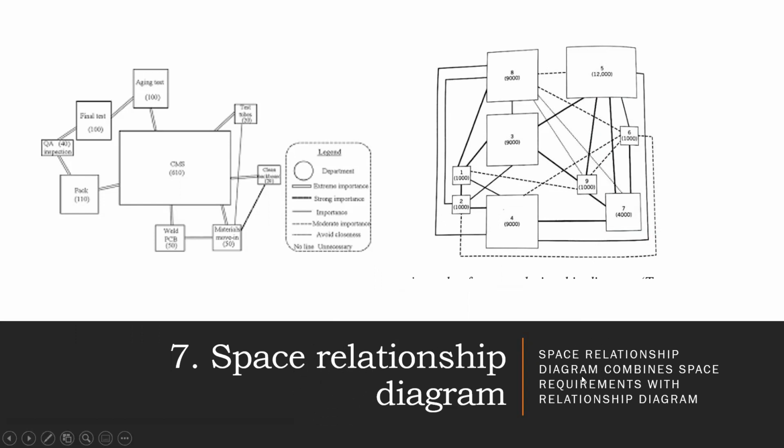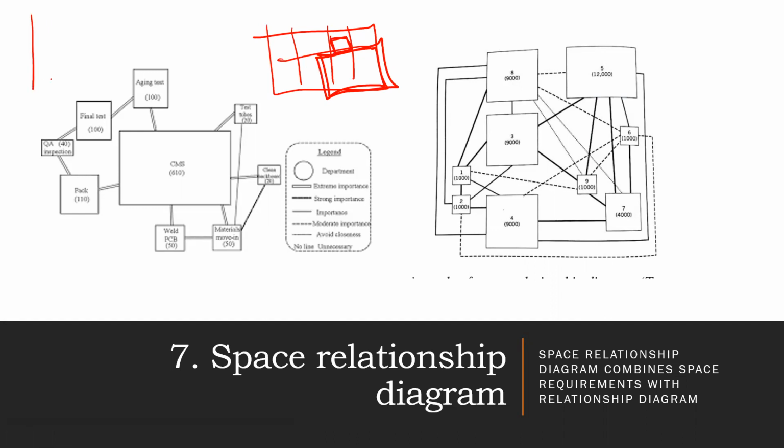So that combines the space requirements sa kada isa and then with the relationship diagram. So imagine, if nagpa-block diagramming lang tayo, so ganito yung ating magiging analysis. Tama? But in reality, may mga area pala tayo na kailangan malaki, may mga area na kailangan maliit. So that could impact yung adjacencies or yung kailangang maging adjacent.